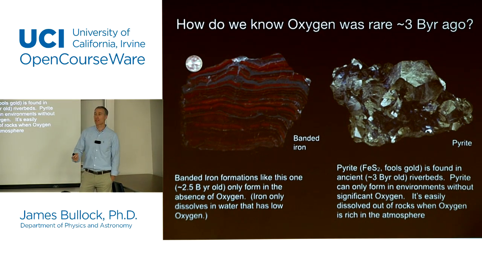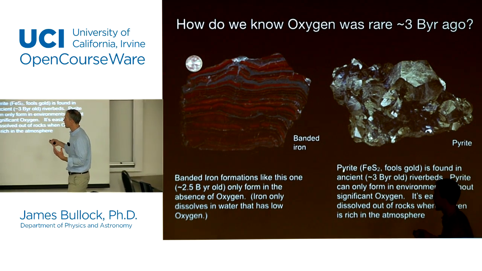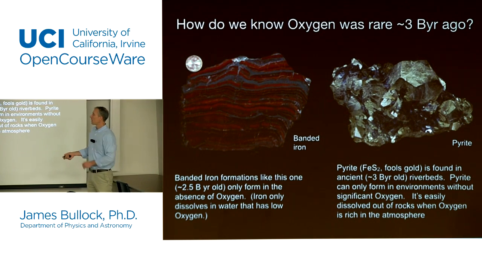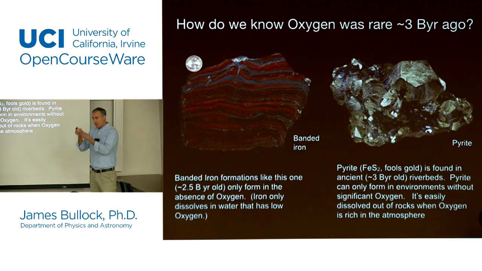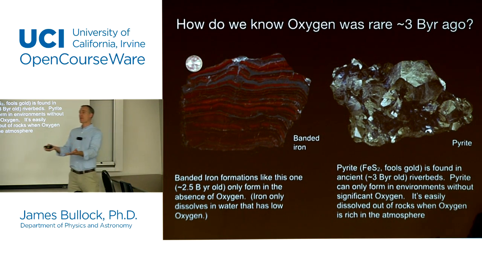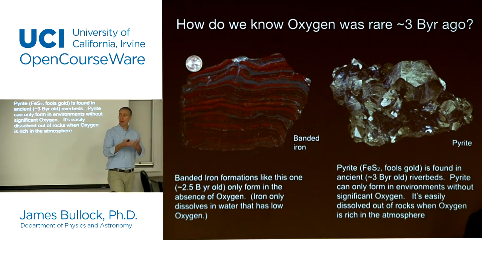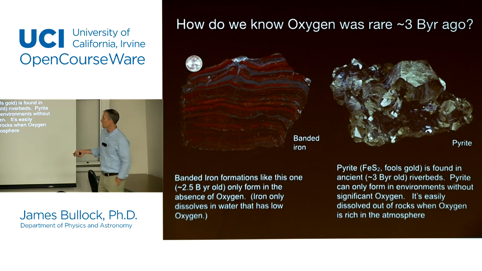Otherwise, the oxygen binds to it, and you just can't create these streaks of iron like this. That is, iron is dissolved out in water and laid down at the bottom of riverbeds, for example. And this does not happen if you have an oxygen-rich atmosphere. That oxygen binds up with that iron and doesn't let it dissolve like that.